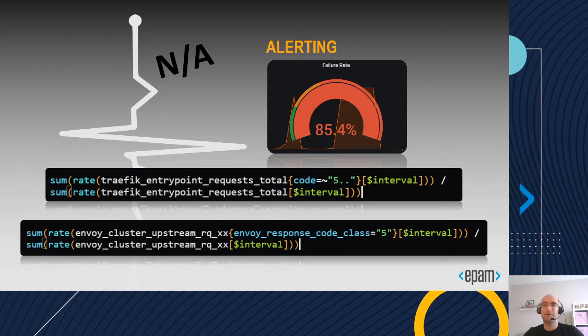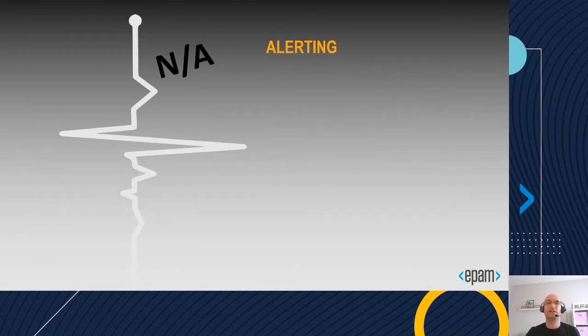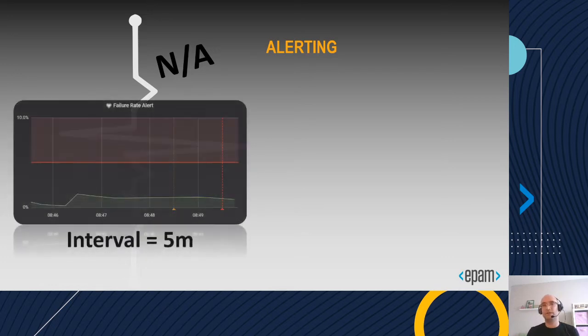Now, one thing that I want to mention when working with rates is to pay attention to the interval, because if you have small spiky outages that disappear from time to time, they won't be visible if you use a shorter or a longer period. What you can see on the left is the same diagram from the same time period with an interval of 5 minutes.